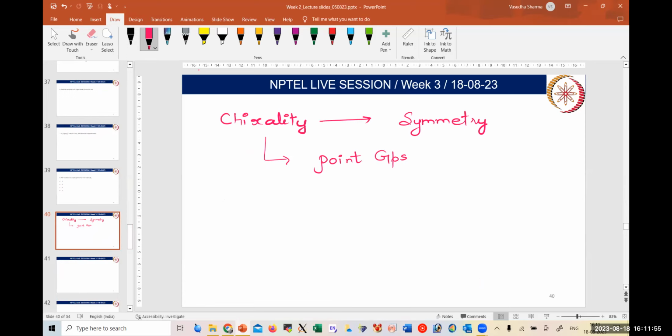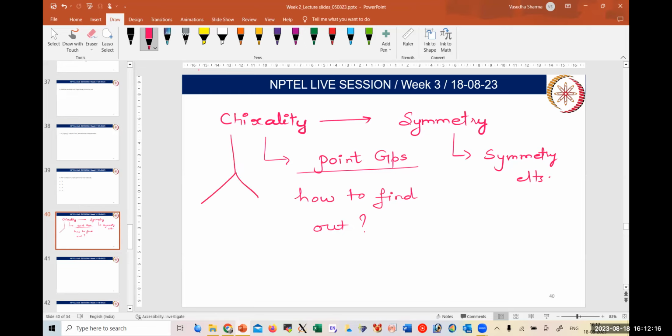And also we saw all the symmetry elements, how to find out the point groups, how to find out whether this is chiral or not, that also we saw. Then we saw its two isomers.